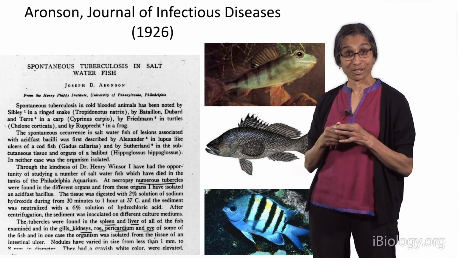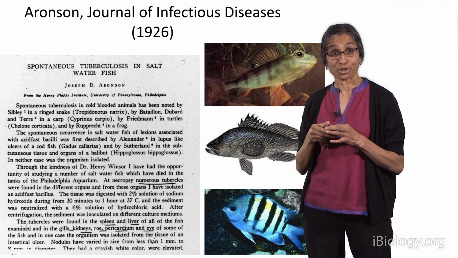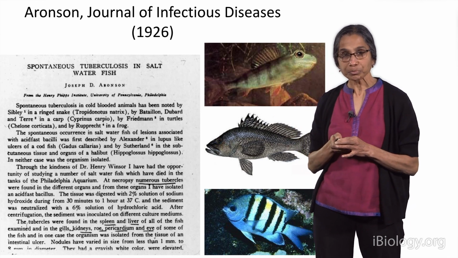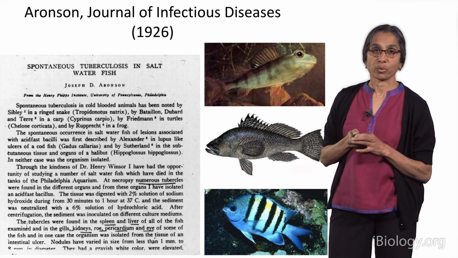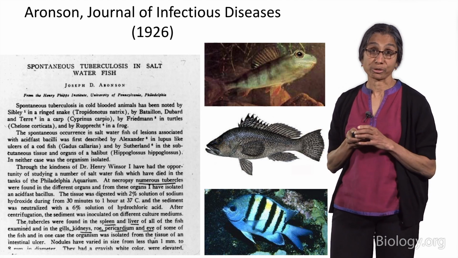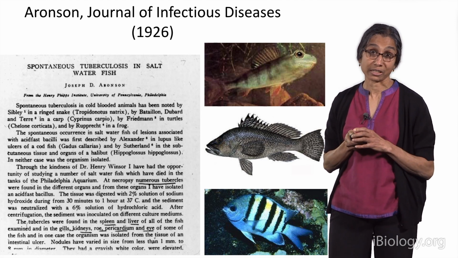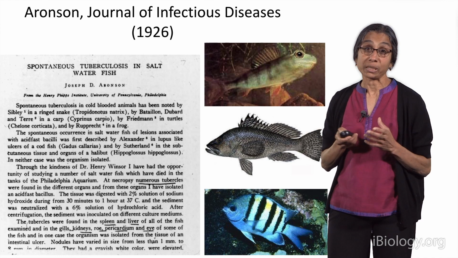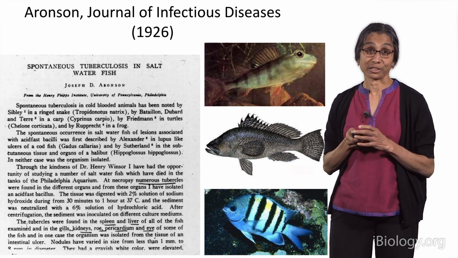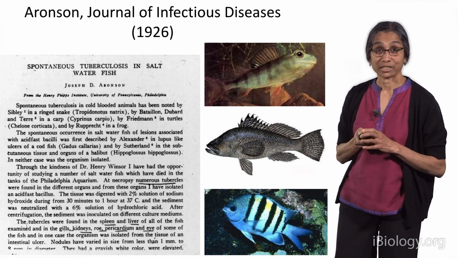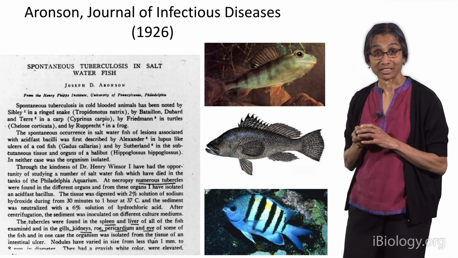And then he was able to culture Mycobacterium marinum. And since then, we've had Mycobacterium marinum sequenced at the Sanger Center, and it turns out to be the closest genetic relative of the human TB bacterium, so I guess we also got quite lucky.